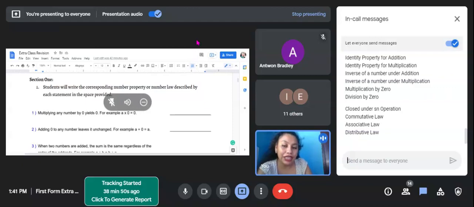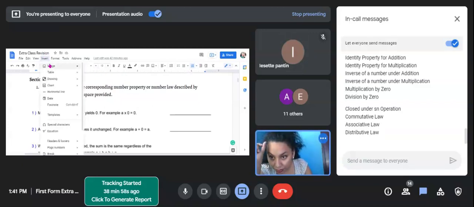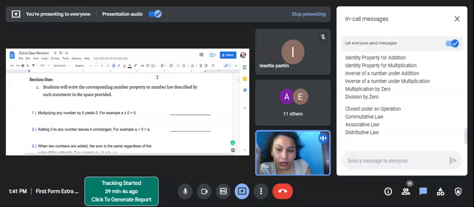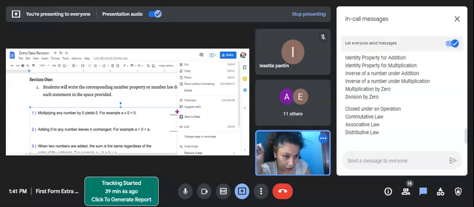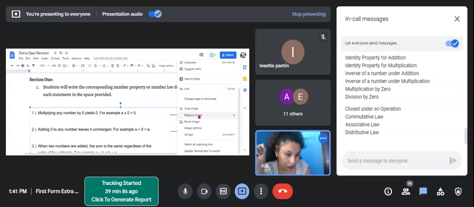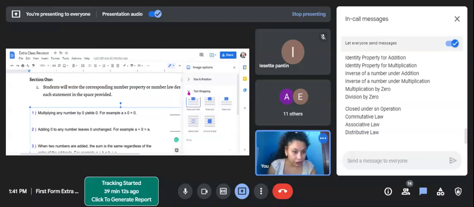So now if we look at this first question, multiplying any number by 0. Multiplication by 0. Very good. Multiplication by 0. Let me see if I can add a text box. Where can I add a text box here?